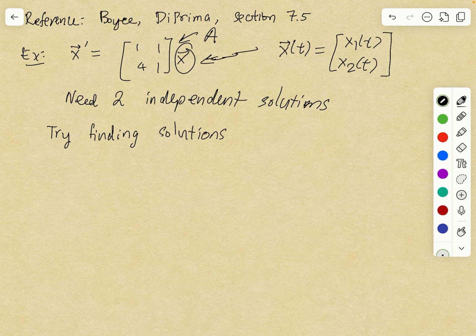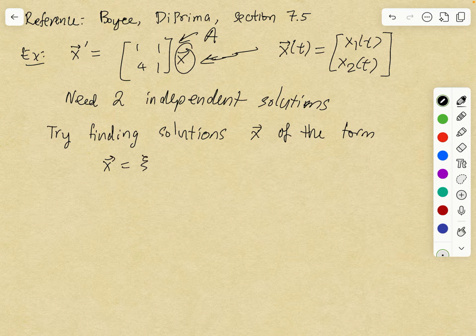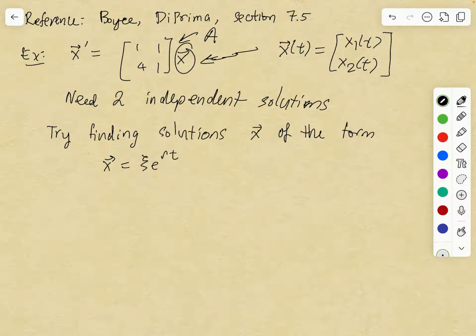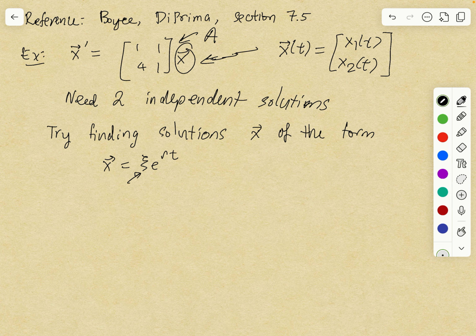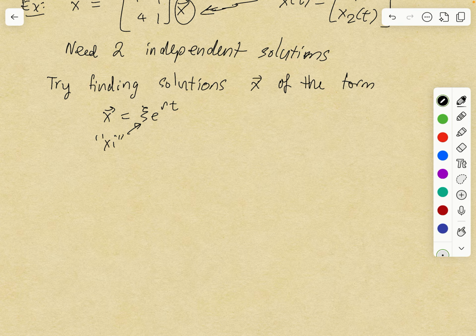Try finding solutions x of the form, the book uses x equals xi e to the rt, where this xi, I think it's xi in Greek, is a vector. I think this is a bit hard to understand. It takes getting used to.